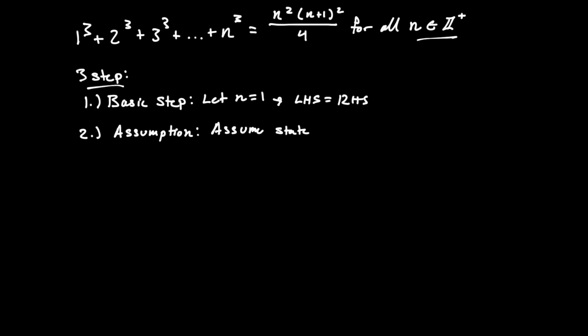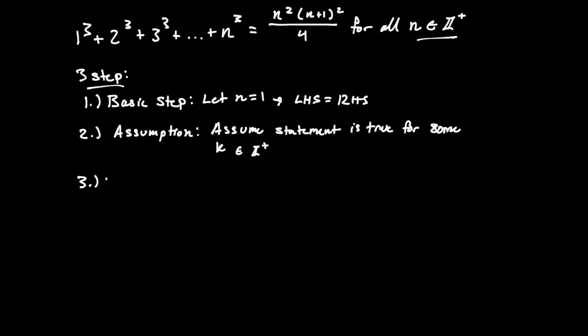So for some value of k, that is also a part of the integers. All we're saying is that we're assuming that the statement above is true for some value k. And all we do is then rewrite the statement in terms of k.